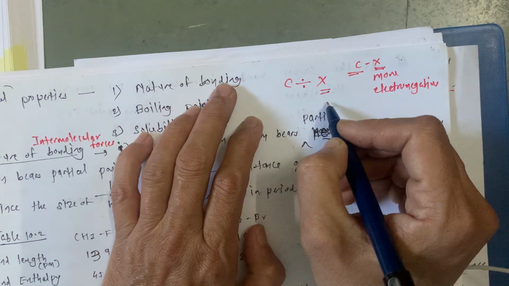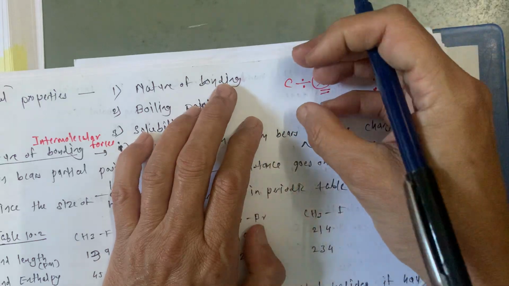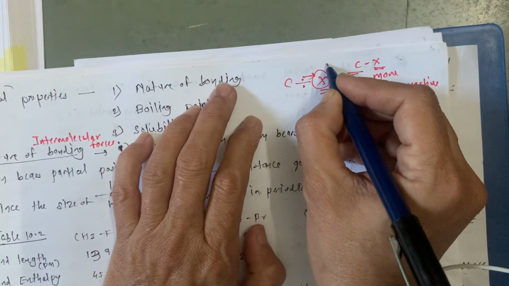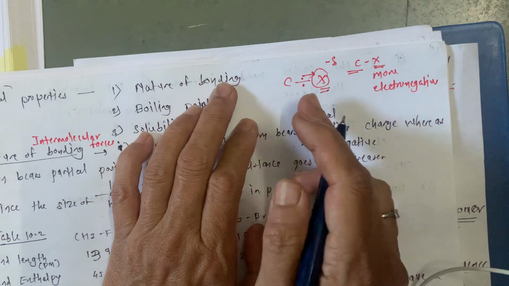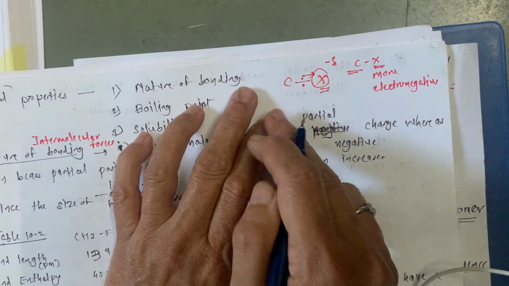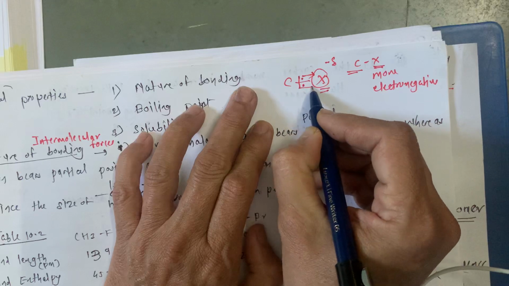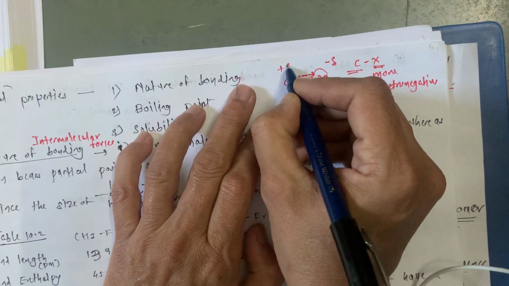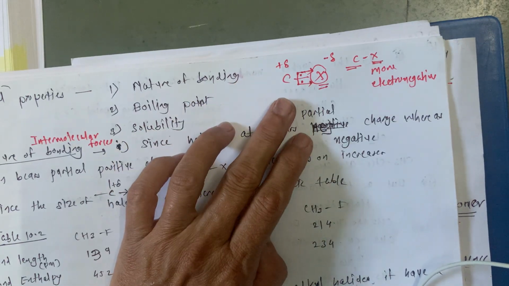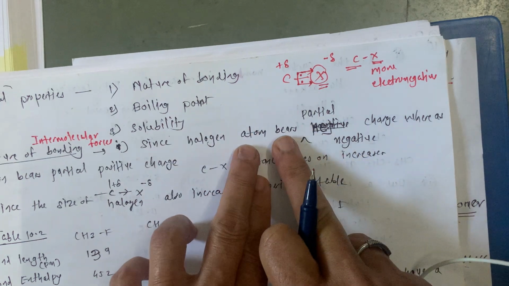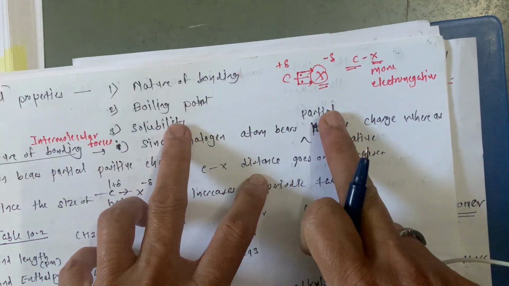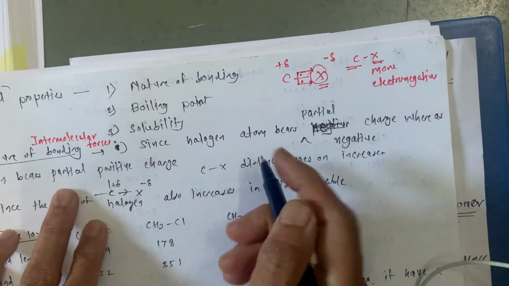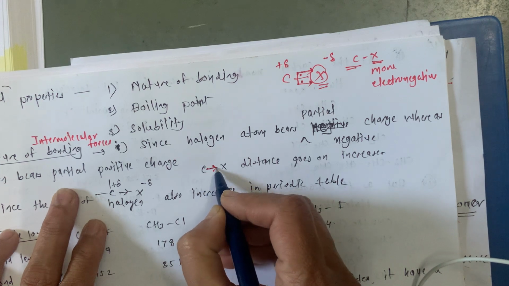But since the halogen is more electronegative, it will pull these two electrons towards itself, and that's why it carries a partial negative charge. One electron is from carbon, one from halogen, but if both electrons go towards halogen, then carbon will acquire a partial positive charge. Are you getting this? That's why I wrote that the halogen atom bears partial negative charge whereas carbon bears partial positive charge. There is a pull like this in between C and X.